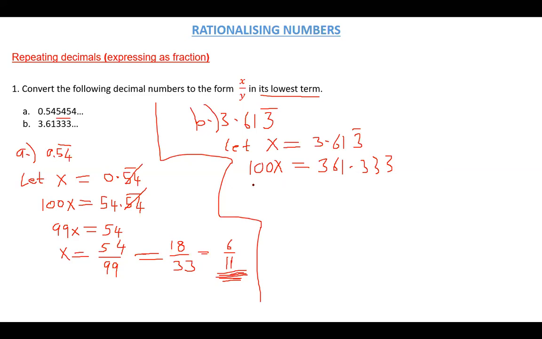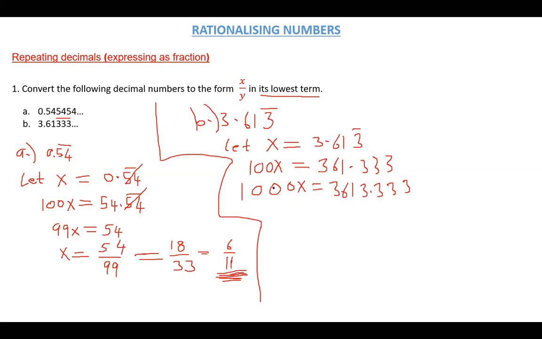So this side, I'm going to add 1 zero. So this is going to be 1000x equal to 3613.333. Here it's just a matter of subtracting.